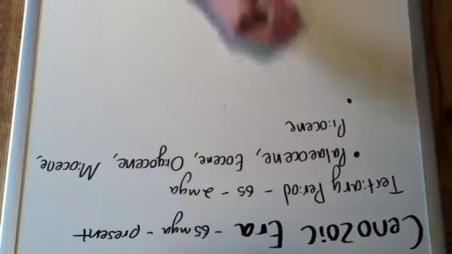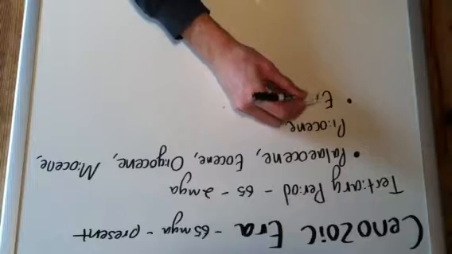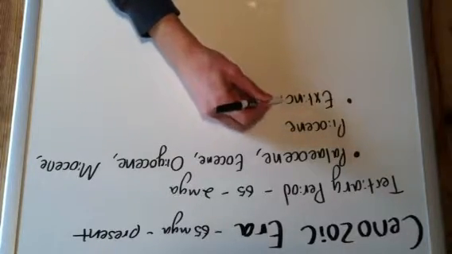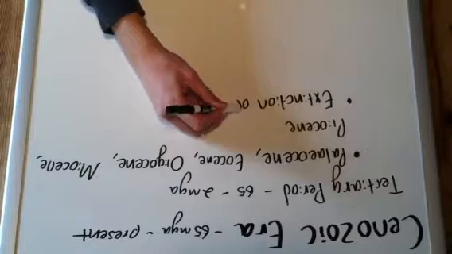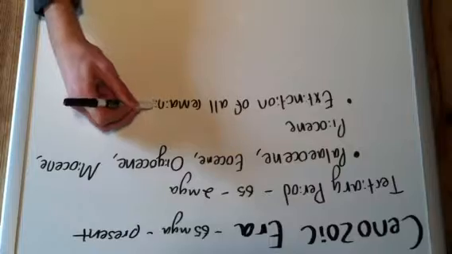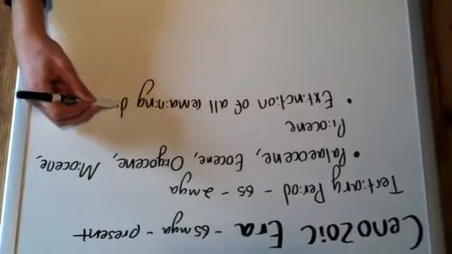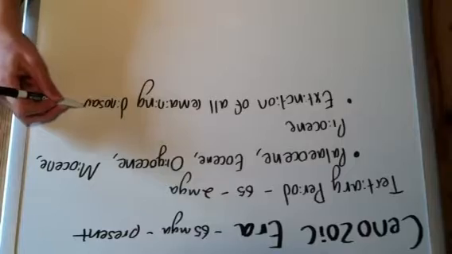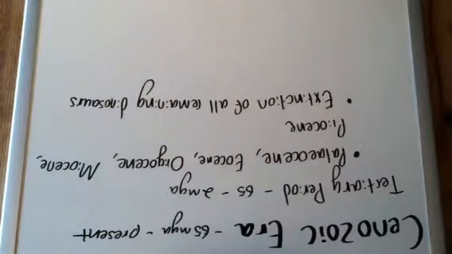But the big overarching thing that we have here in the Tertiary period is just that we have the extinction of all remaining dinosaurs. So at the end of the Mesozoic era, when I said the dinosaurs went extinct, I'm not sure if I mentioned this, but it was all non-avian dinosaurs, or all the ground dinos, basically. All the biggest ones, the ones you'll hear about most in stuff like Jurassic Park, any modern day representations of dinosaurs.